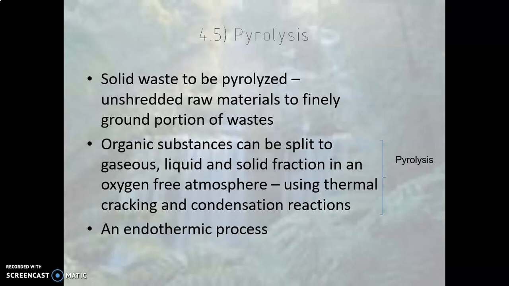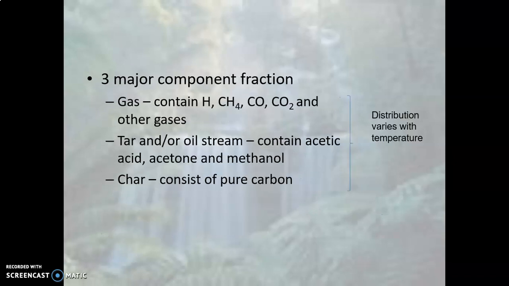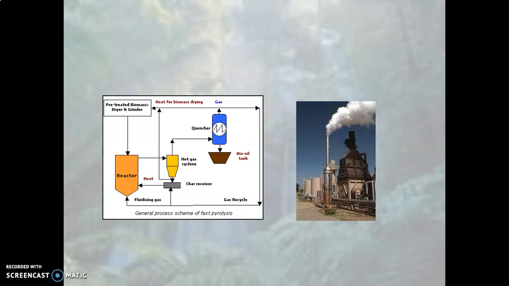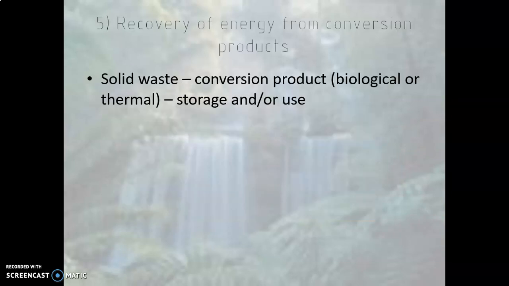Pyrolysis means that organic substances are split into gaseous, liquid, and solid fractions in an oxygen-free atmosphere by using thermal cracking and condensation reactions. Pyrolysis is an endothermic process, and the three major component fractions are gas, tar, and char. This is the pyrolysis process.